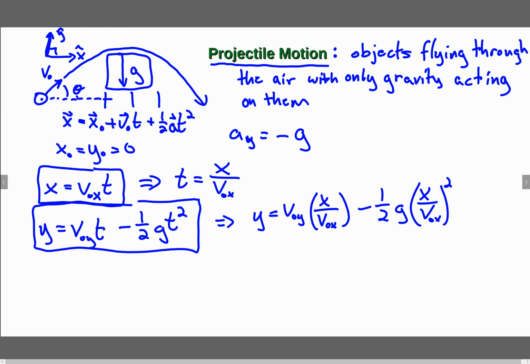And now what I have is the y position in terms of the x position. So at any point, if I know the x position, I can calculate the y position. And I can just rearrange a little bit and express it like this.